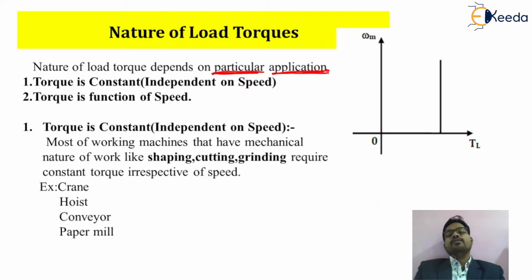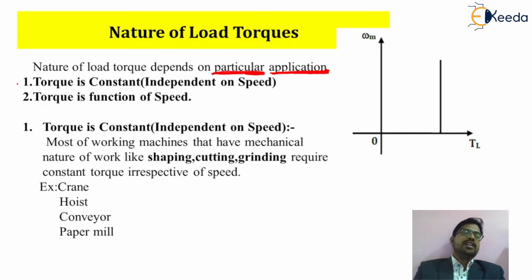If you are using a DC series motor for traction purposes, then its nature is different. If we are using a DC shunt motor for lifting at constant speed, then the nature of its load torque is different.